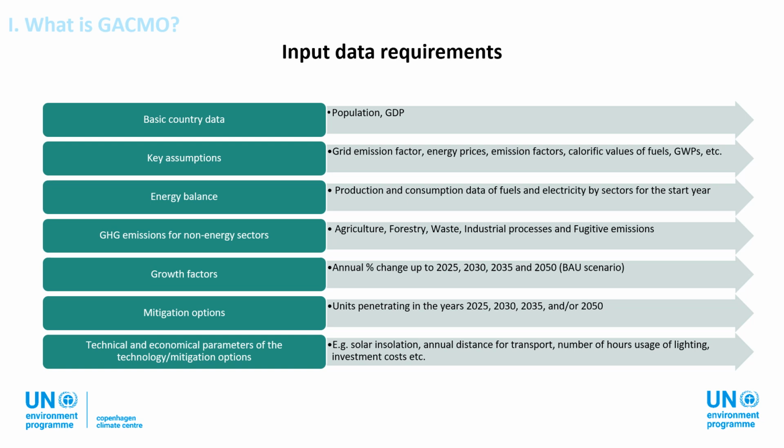And finally, technical and economical parameters of each and individual mitigation option need to be adjusted in GACMO for the country-specific context. So the technology spreadsheets contain various parameters such as solar installation, annual distance of a transport, number of hours usage of lighting, investment costs, etc.